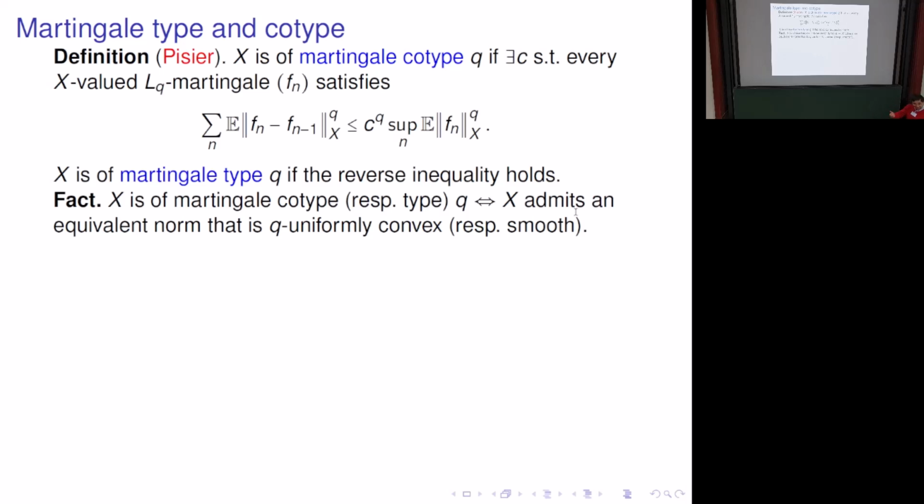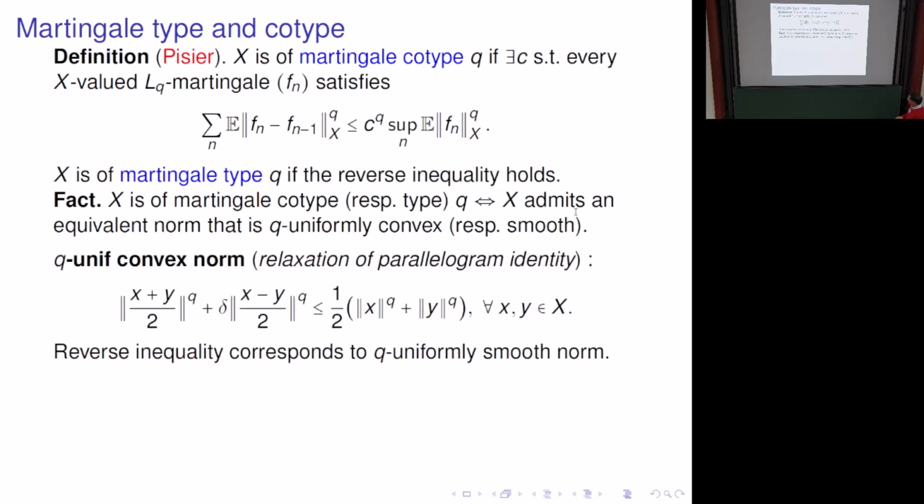And the type corresponds to smoothness. Again, these two notions are very easy to understand by this generalization of the classical parallelogram identity. You see here delta is a positive constant, strictly positive.